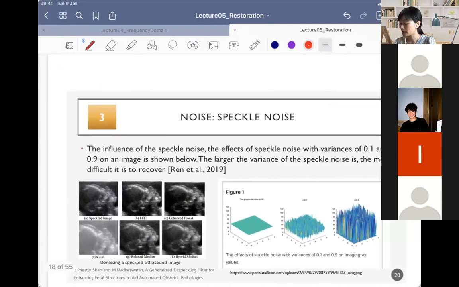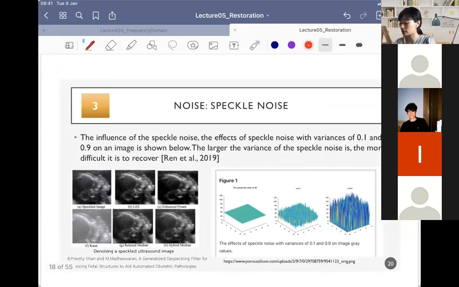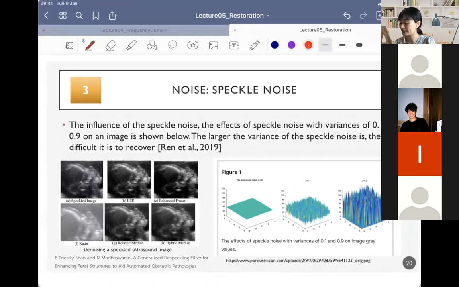So for the example of speckle noise that you will see, this image on the left shows the speckle noise on an ultrasound image, and they were trying to use a statistical method to remove the speckle noise, but it's actually very difficult for me to identify.